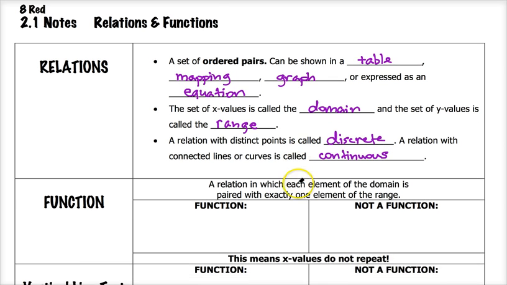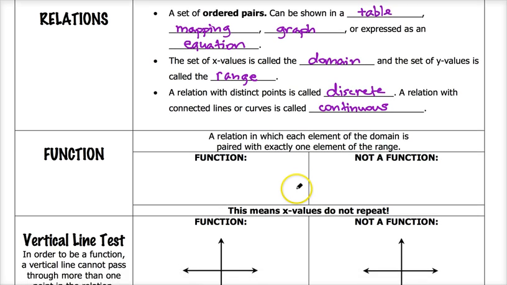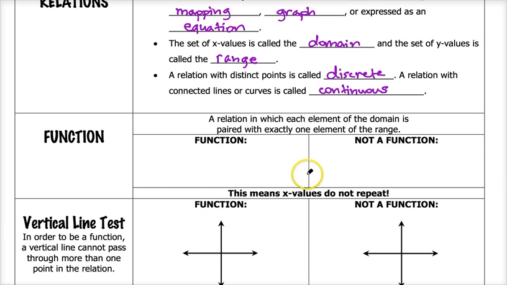And then moving on from relations, we have specific types of relations that we refer to as functions. So a function is a relation in which each element of the domain is paired with exactly one element of the range. And so what that might look like would be this.